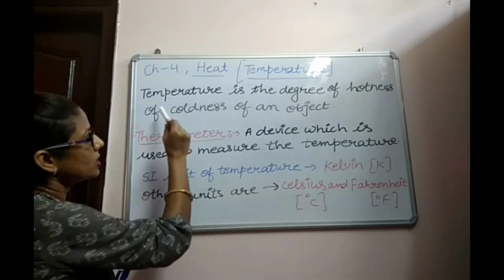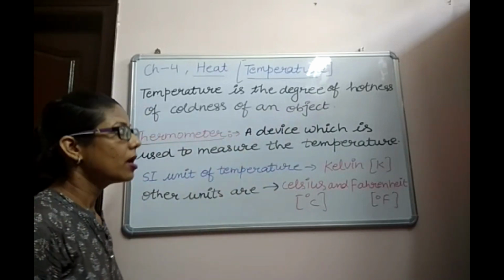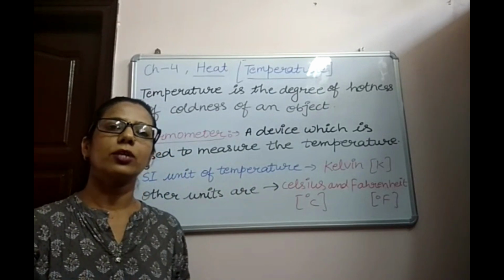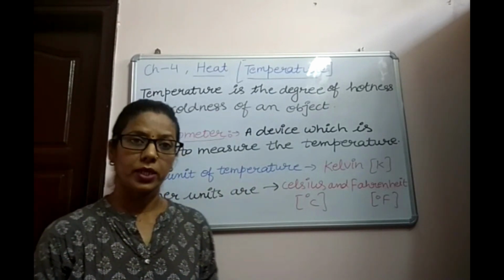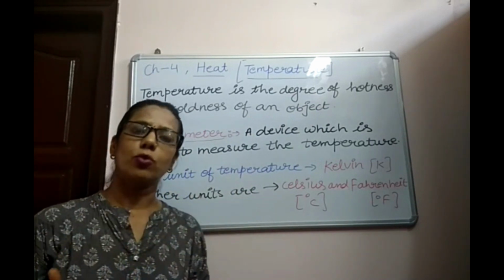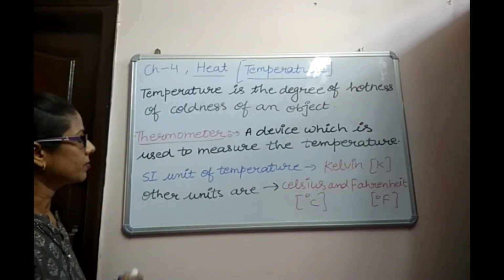Temperature is the degree of hotness and coldness of an object. By measuring the temperature, we can say this is hot and this is cold.